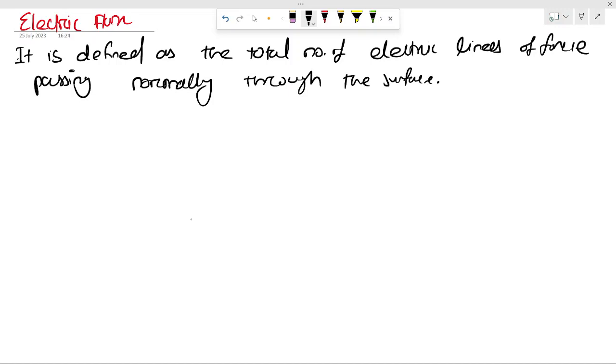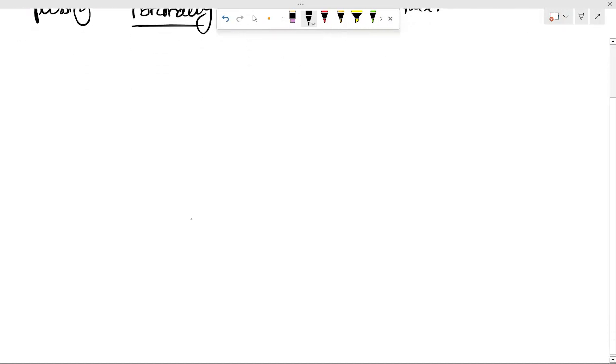When I am talking about the electric flux through a surface, I will have to consider the total number of electric lines of force associated or passing through that surface normally. Mark my word, I am saying it normally. You have to consider the lines of force which are normally passing.